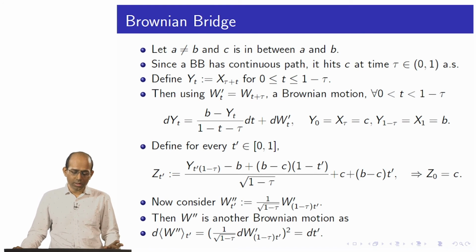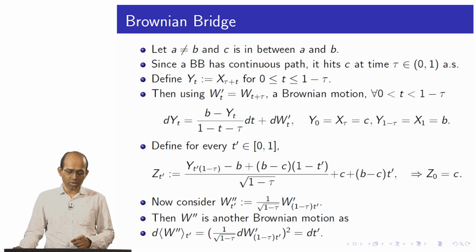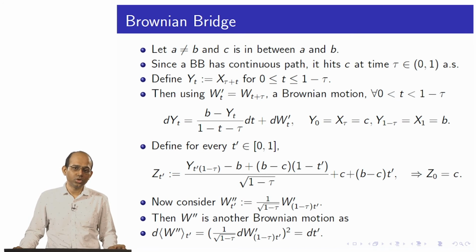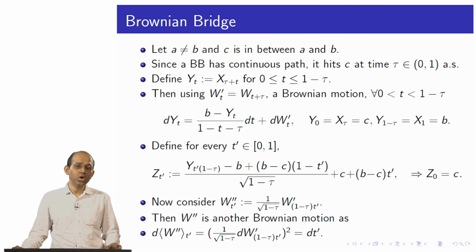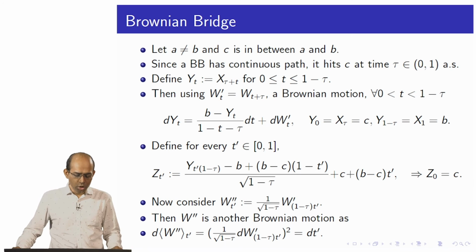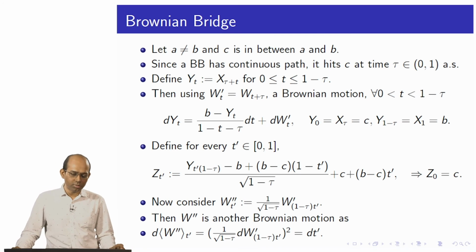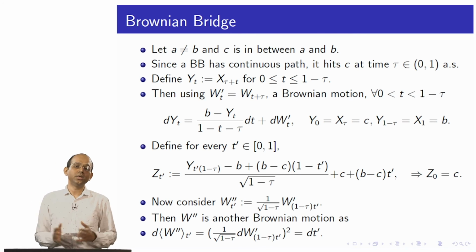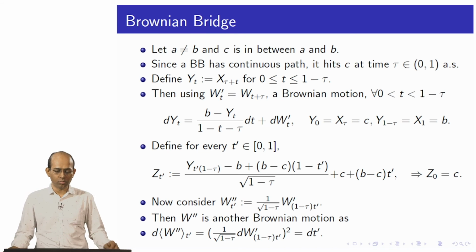Since this is Brownian motion, it will be (1 minus tau) times dt prime. The 1 minus tau in the numerator and denominator cancel each other, and what remains is just dt prime. That justifies that the W double prime defined this way is also a Brownian motion.